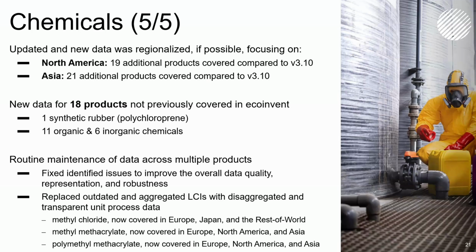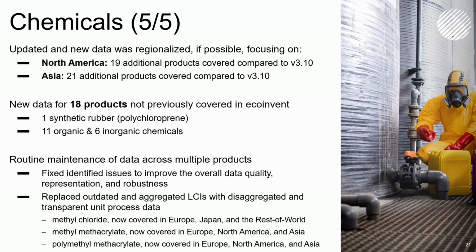The aim of this geographical expansion is to provide representation of consumption and production that reflects local conditions for those regions. We have also added 18 products that were not previously covered in ecoinvent, which comprise synthetic rubber, along with 11 organic and six inorganic chemicals. You can find the detailed list in the report of changes.